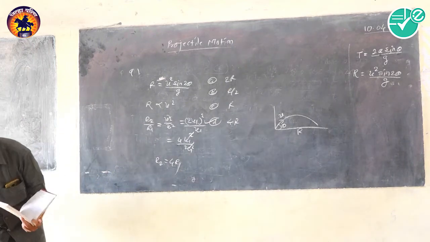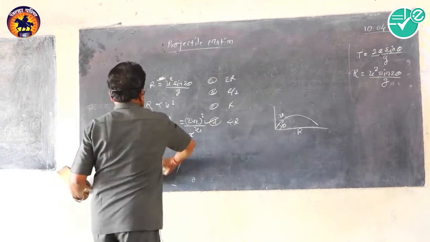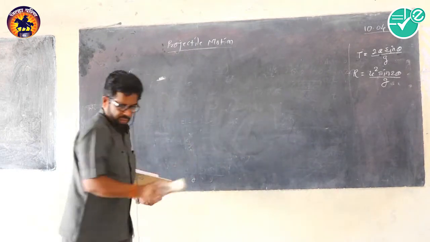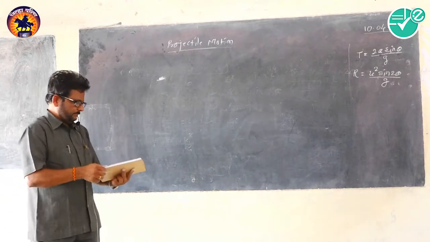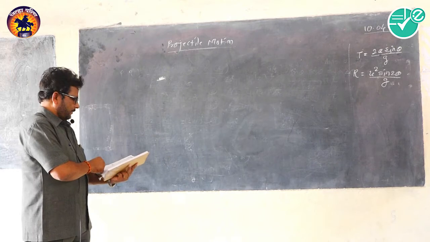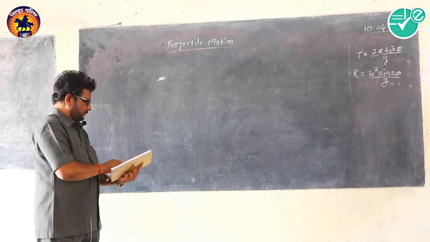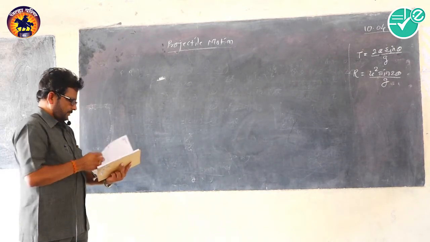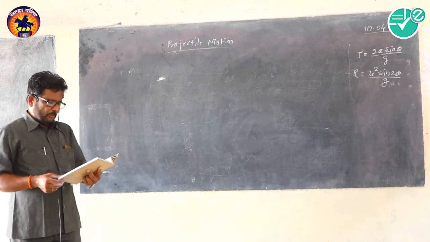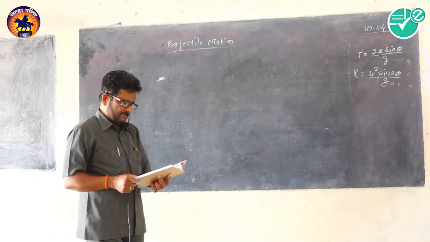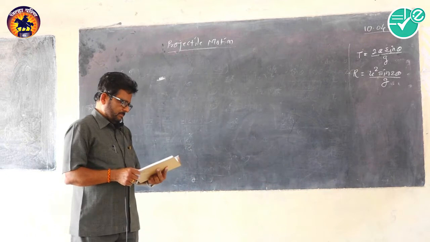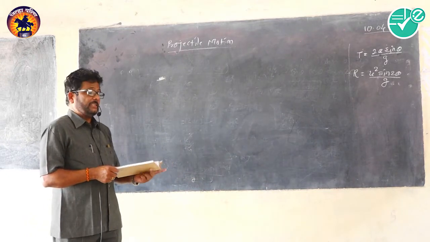Now again, a bullet is fired from a gun with a velocity u, making an angle of 60 degrees.